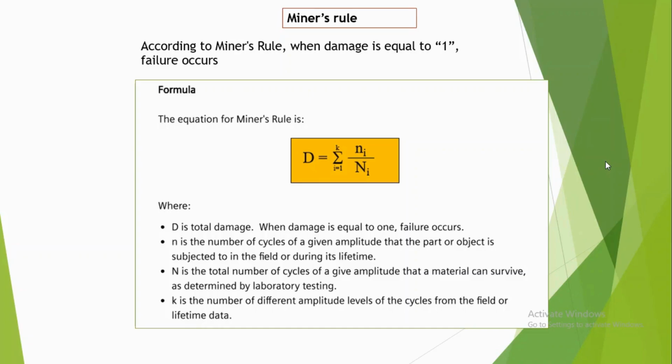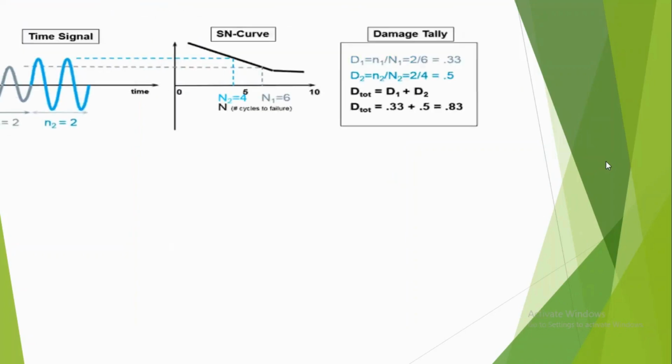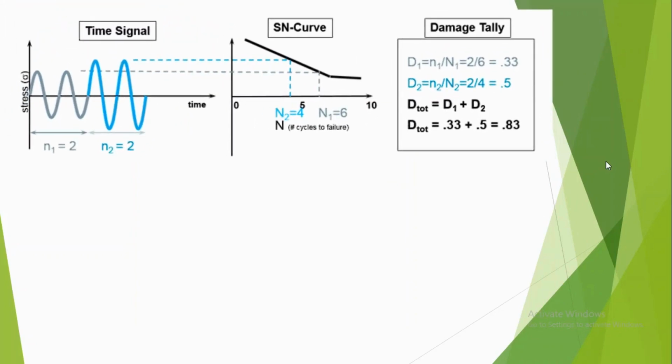So the summation of ni divided by capital Ni is equal to damage. This is how it calculates the total damage, and the reciprocal of damage is nothing but your fatigue life. So we'll see it here by one example.